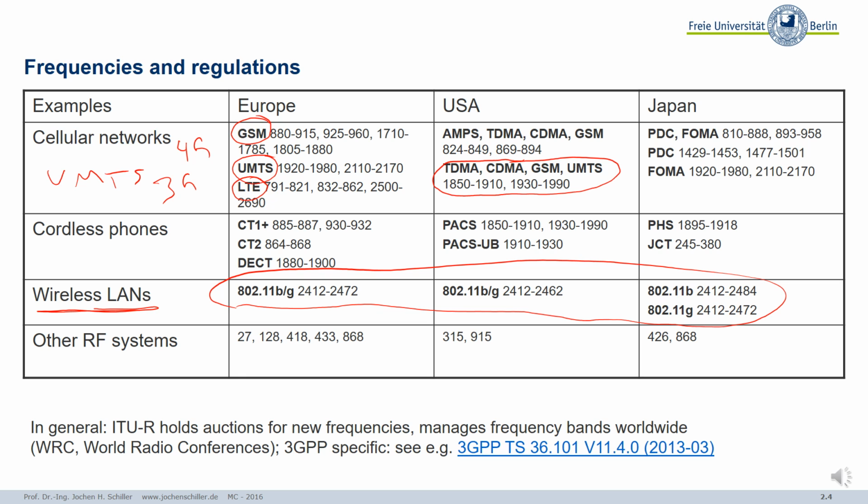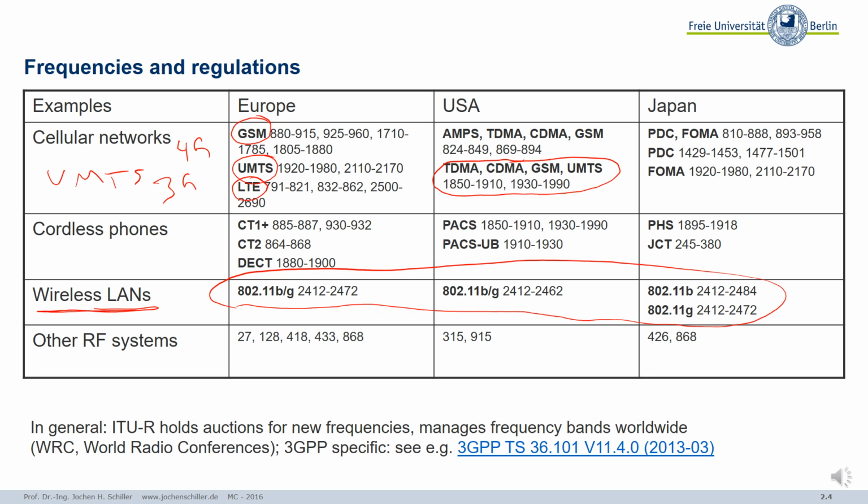You see, we can use a little bit more frequencies in Europe compared to the US. These are channels 12 and 13 in the wireless LAN, for example. But it's more or less the same. That's the so-called ISM band. This is exactly where the microwave ovens also operate, at 2.4 gigahertz.